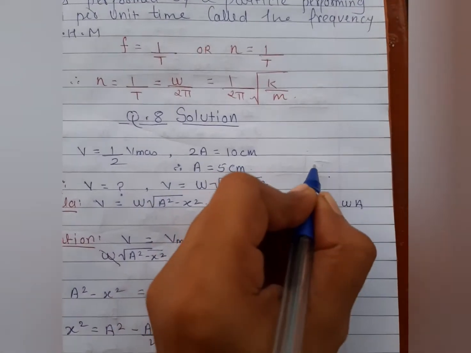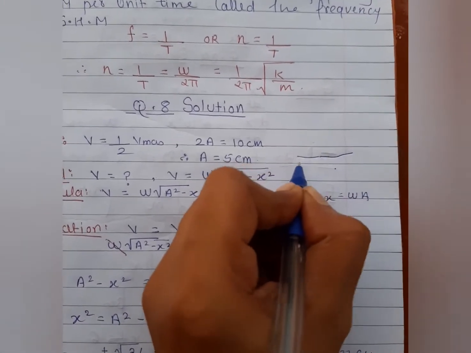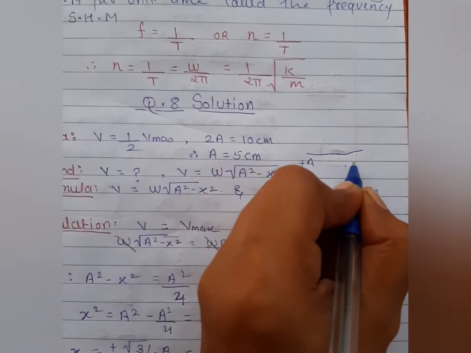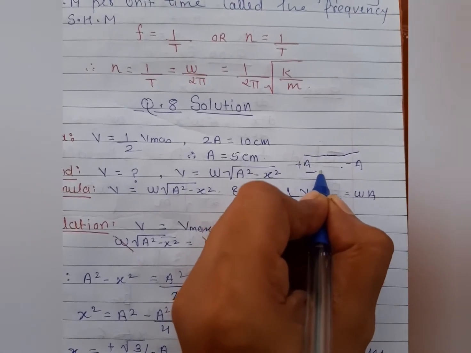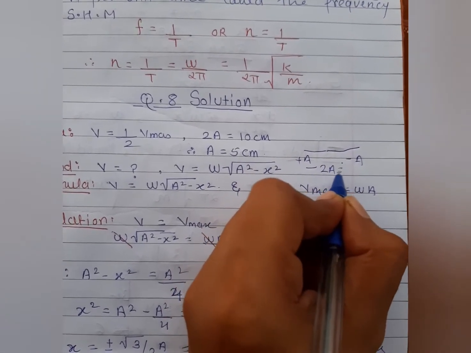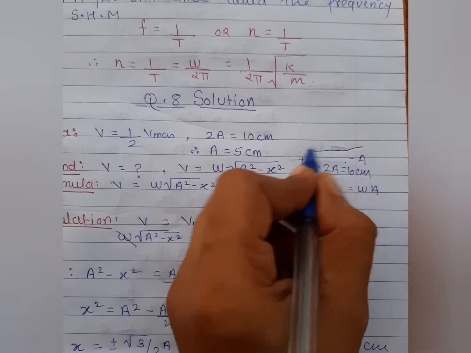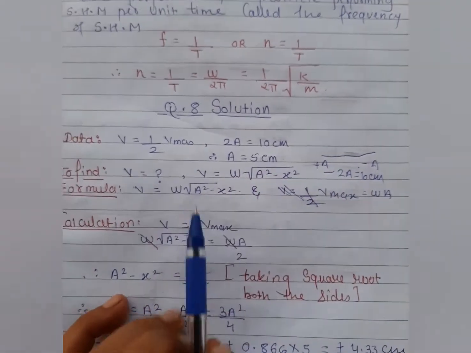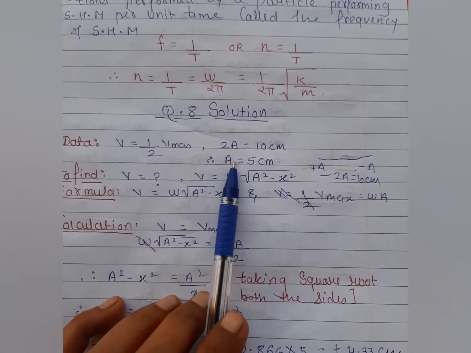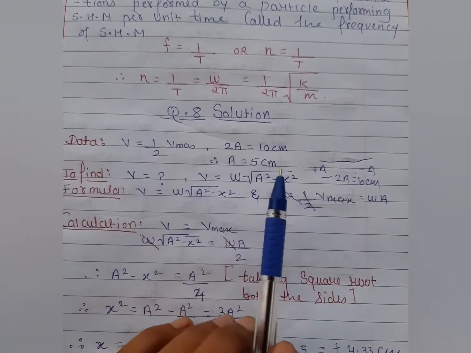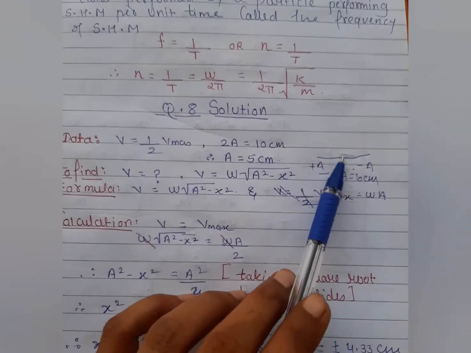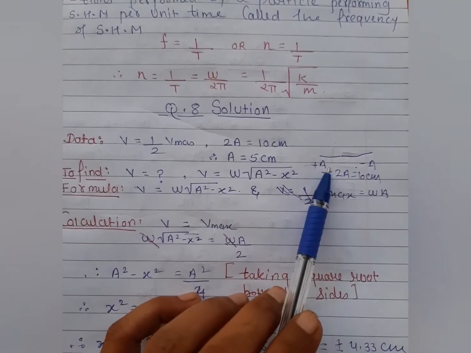Here the acceleration is positive; let's consider the acceleration is negative. When the particle oscillates in the maximum condition, the total path of this oscillation is 10 centimeter. So let's consider the amplitude A is equal to 5 centimeter, because here we want the particle's oscillation at half of the velocity. That's why we are taking this.